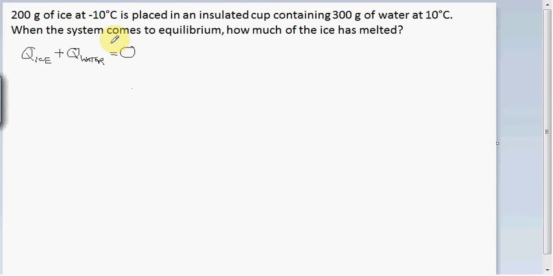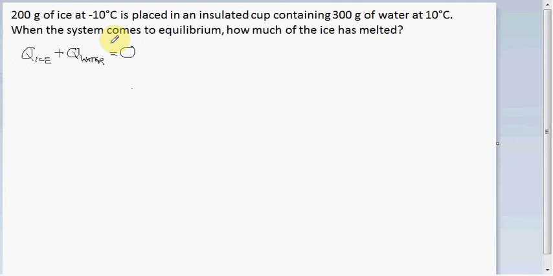That's because it's insulated. I apologize in advance for my handwriting; I hope it will get better as the semester goes on. What's going to happen is the ice is going to be gaining heat and the water is going to be losing heat, so Q water is going to be negative, and that's why they can both add up to 0.